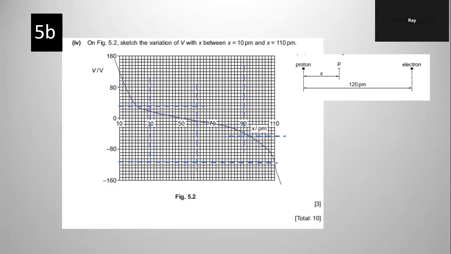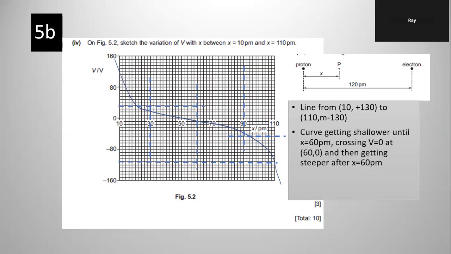Something like that. Okay or not? Mine is very poorly drawn. The curve doesn't pass through here, but that's the best I can do. But this point must be correct. We have calculated it out already. 130 volt. Same as this point, 130 volt, minus 130 volt. That's how you are marked.